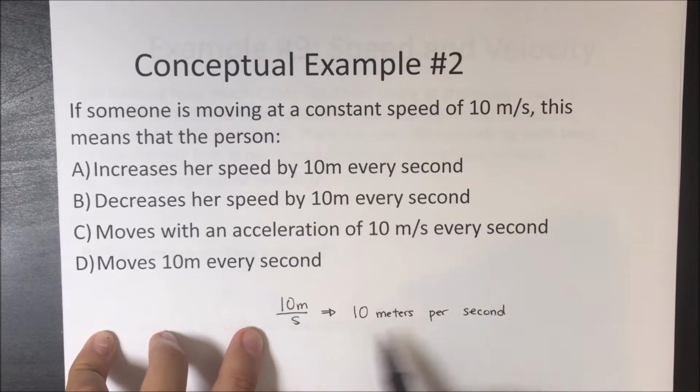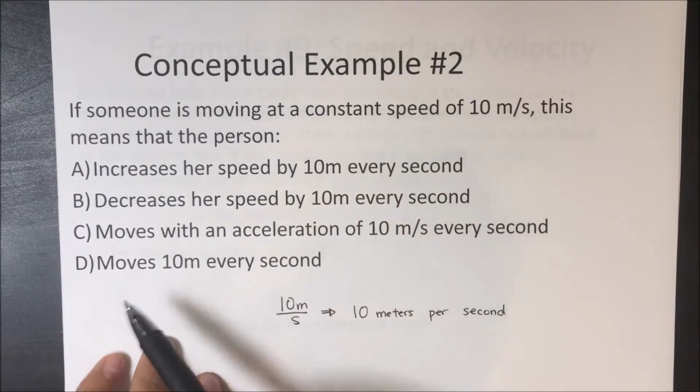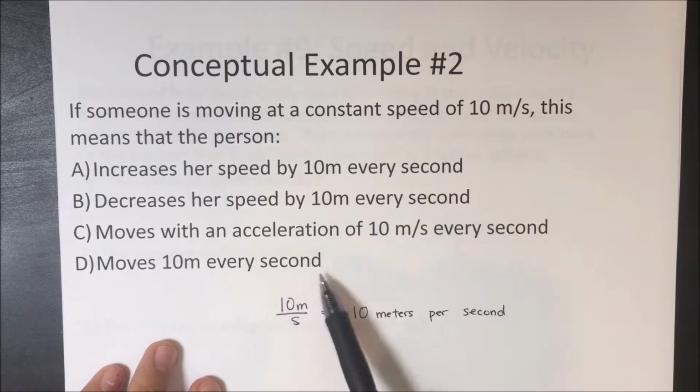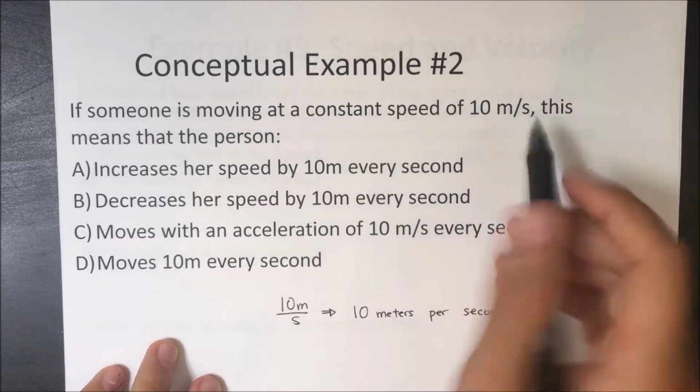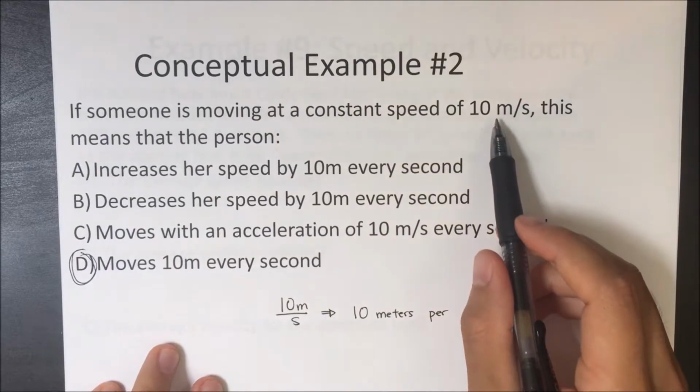So in 1 second moving 10 meters, in 2 seconds 20 meters, 3 seconds 30 meters. Same thing when you hear something like 50 miles an hour. Every hour the car travels 50 miles. Okay? So in this case 10 meters per second moves 10 meters every second. That's what the speed means. So how far it moves every second.